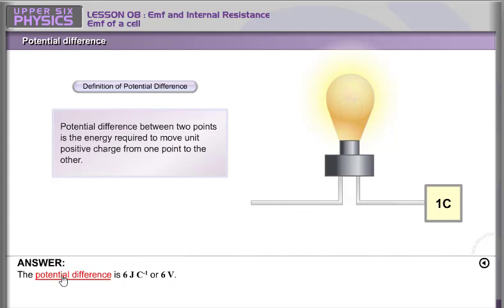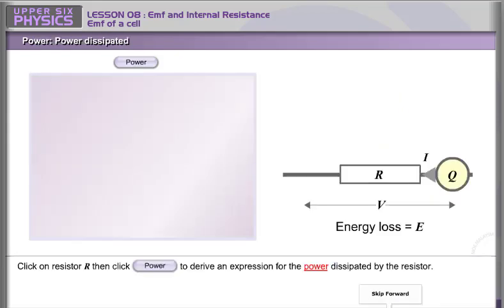Potential difference is given by 6 joule per coulomb, or in other words 6 volt. Any questions here? So far okay? Can you follow?